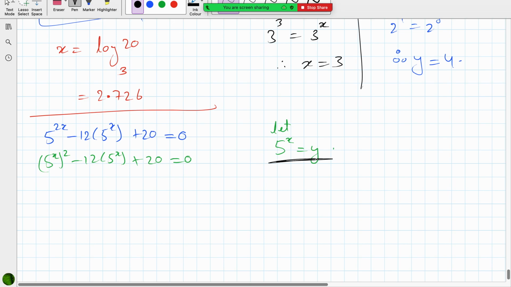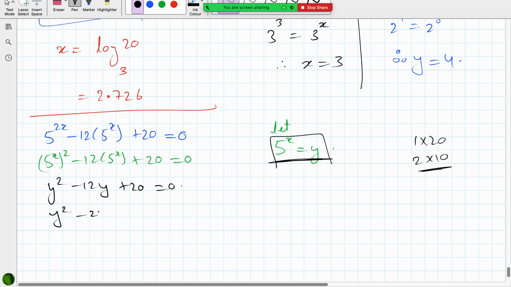Now as we substituted 5 raised to power x equals y, I can write this as y squared minus 12y plus 20 is equal to 0, making it a quadratic equation. Now 20 is 1 into 20, 2 into 10. 2 into 10 will give me my factors.